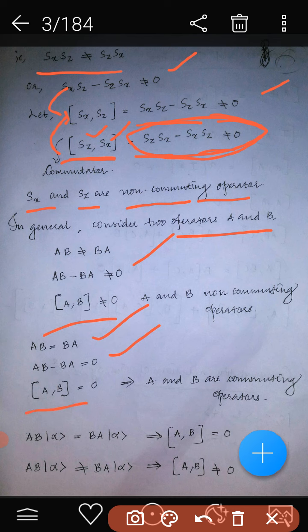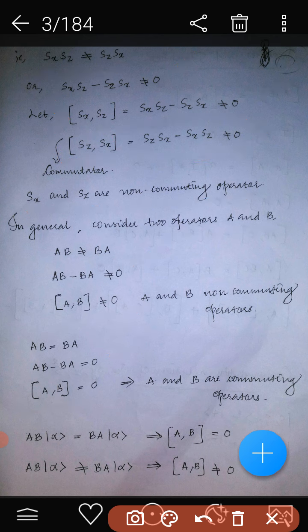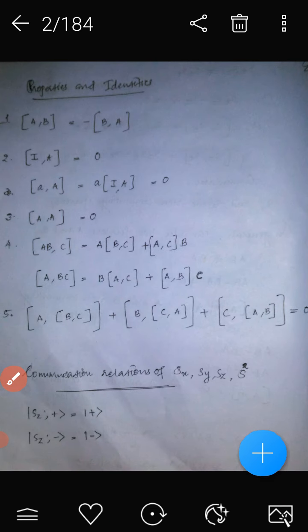In this case, A and B are commuting operators. Here, AB acts on an arbitrary vector ket alpha. If AB|α> equals BA|α>, then [A, B] = 0. If AB|α> is not equal to BA|α>, then [A, B] is not equal to 0. In the latter case these are non-commuting, and in the former case these are commuting operators.